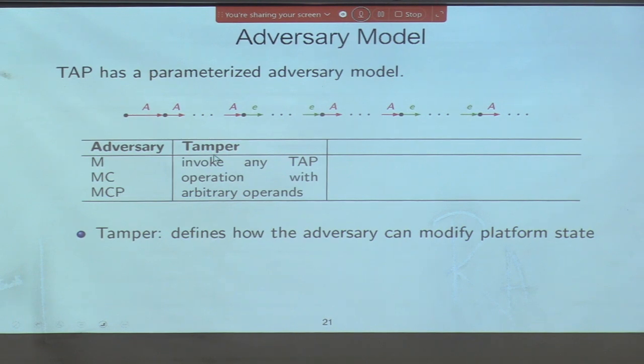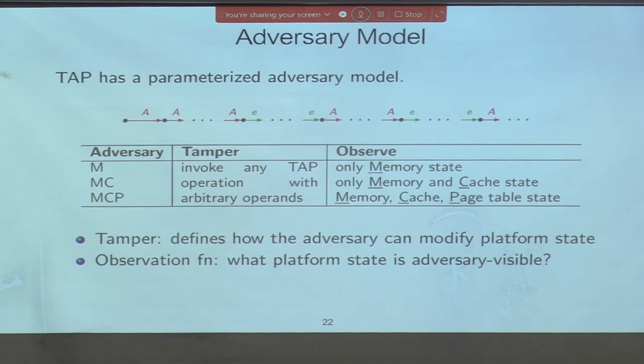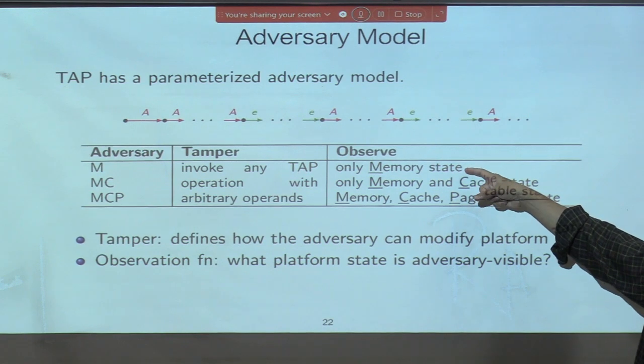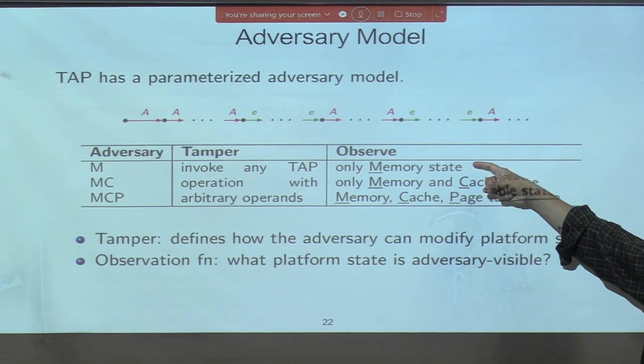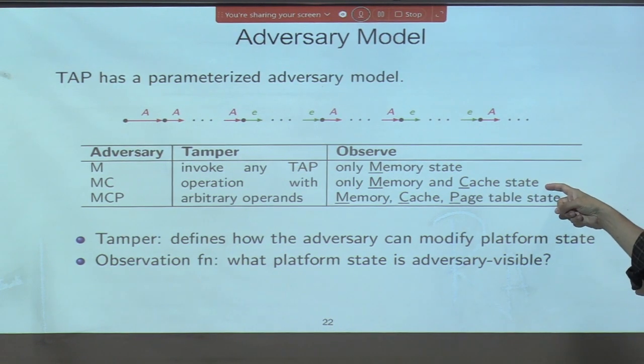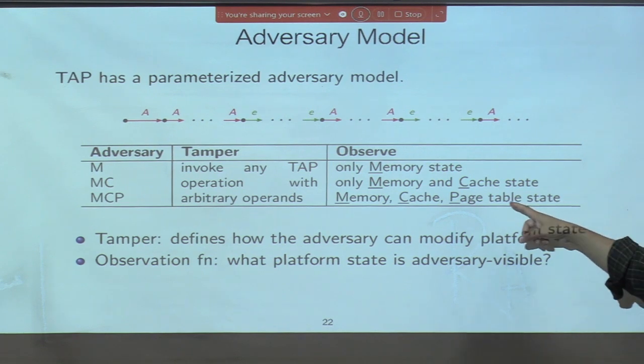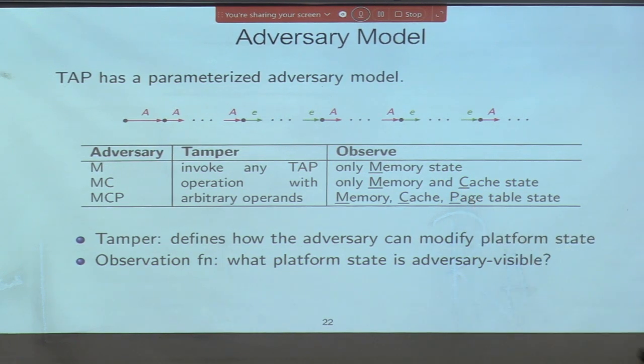The idea is that the adversary could be any program that invokes any of these TAP operations plus any instruction in the instruction set. But in terms of what the adversary can observe, that is different amongst these three. In the top case, the adversary can only observe regions of the memory that they are allowed to. In the cache case, you think of cache as a side channel, and in the last case, we assume the adversary can also look at the page table state.